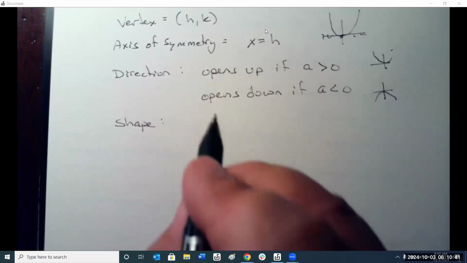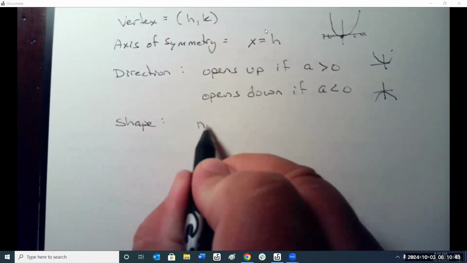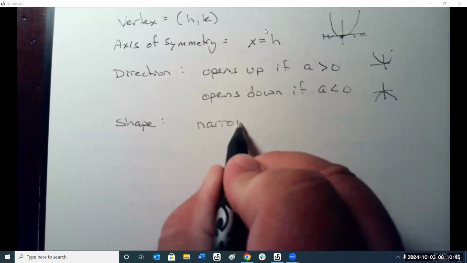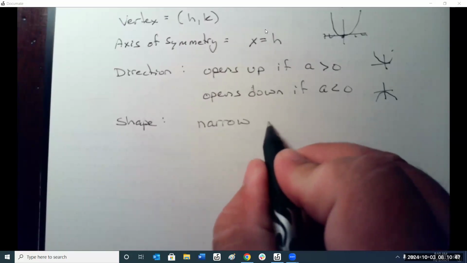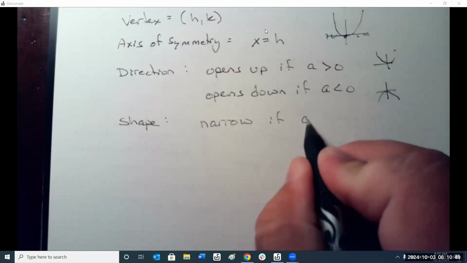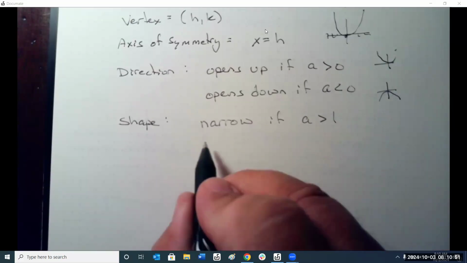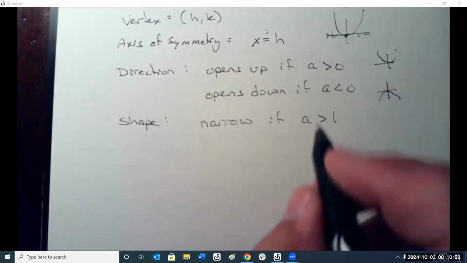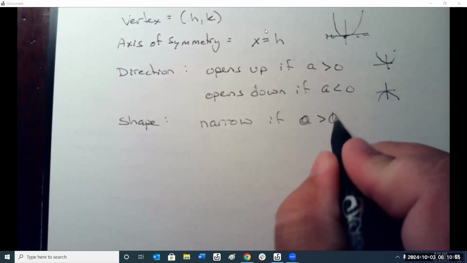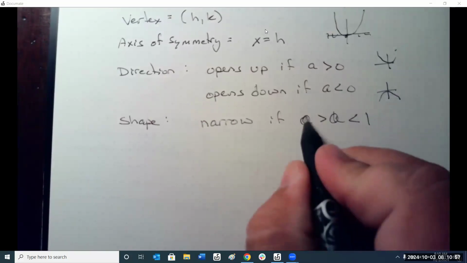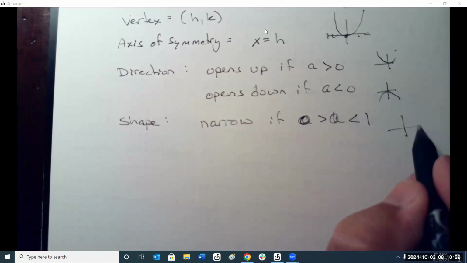And then the shape. It's narrow if A is bigger than 1. No, it's narrow if A is between 0 and 1.